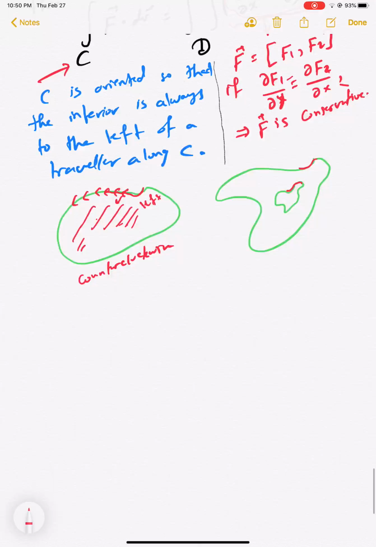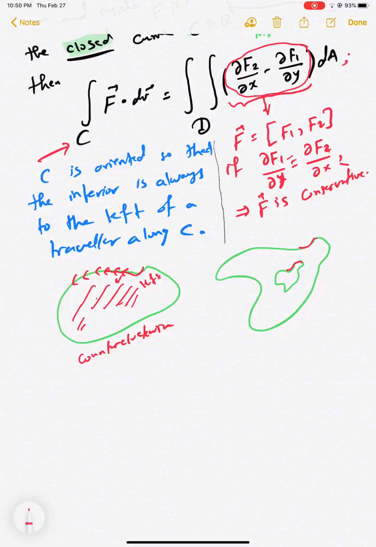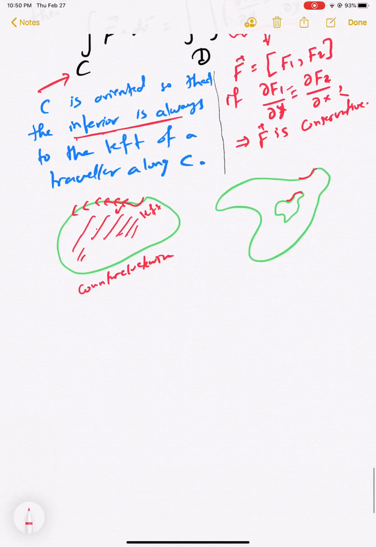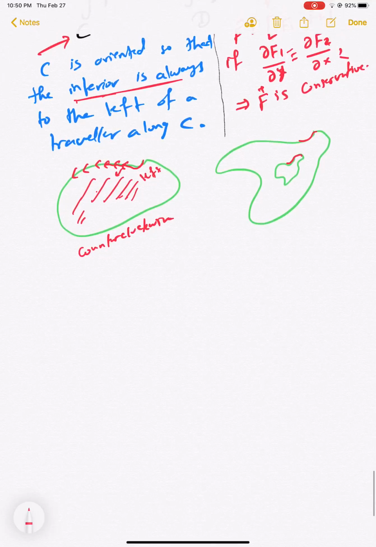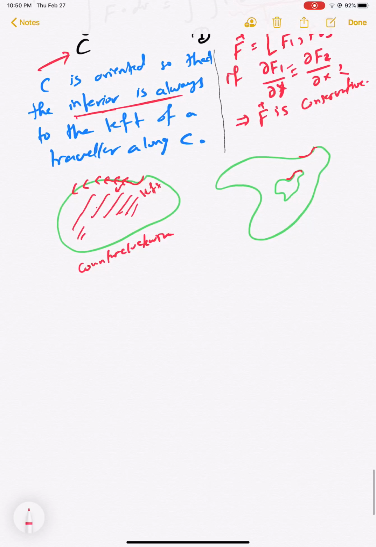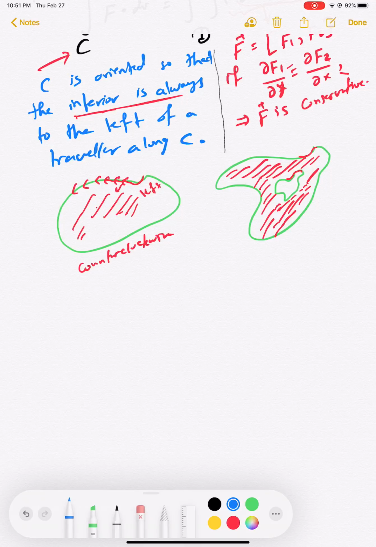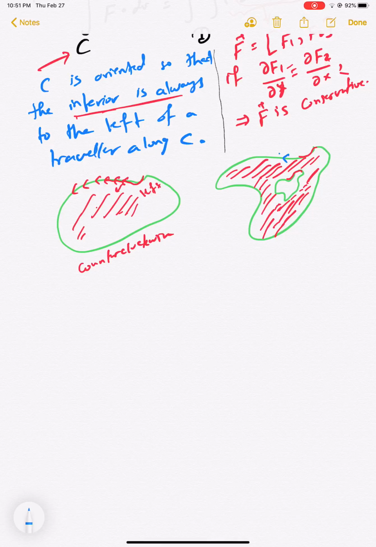So instead of saying that the interior is always to the left, why don't we just say counterclockwise? The reason for that is, if you look at this case, this is the interior. By definition, if you have two curves like this, the interior is the region between them. So now let's walk over this curve. It is very clear that this is your left.